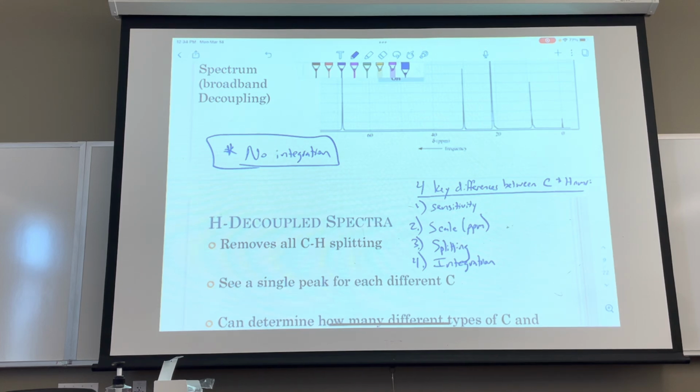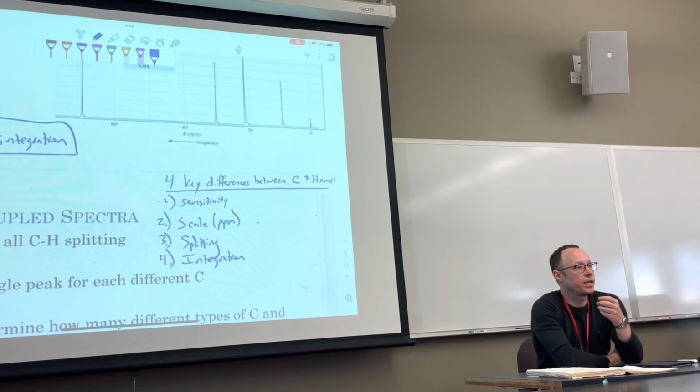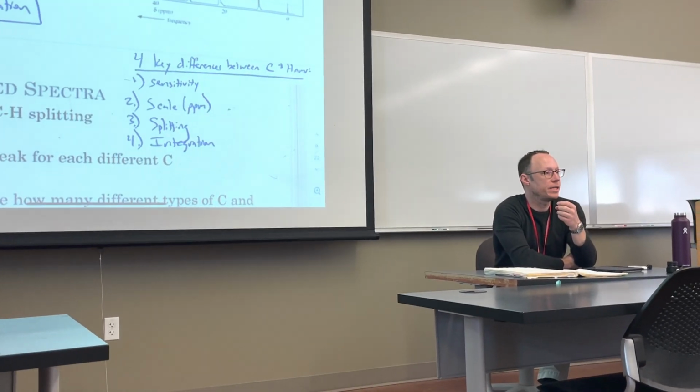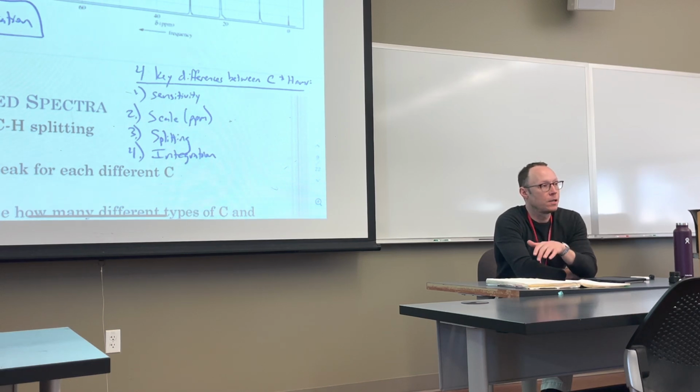If you want to publish, if you've been doing some research and you come up with a new compound that's never been made before, in order to publish that compound as a new chemical entity, you have to have 4 methods of characterization. Proton NMR and carbon NMR are the 2 that are required, and then 2 others, like perhaps high resolution mass spectrometry.